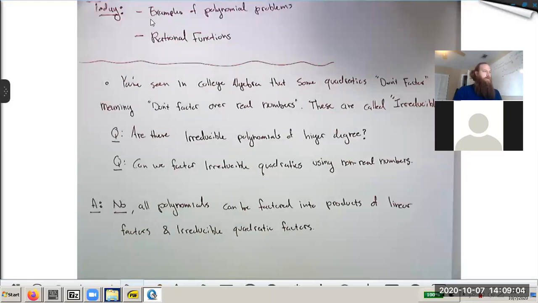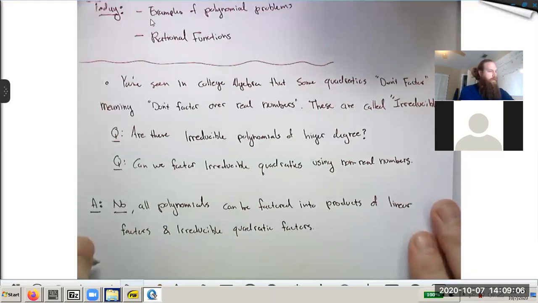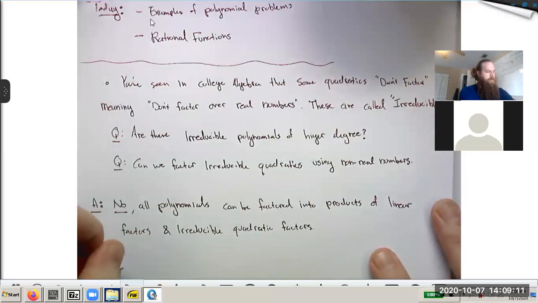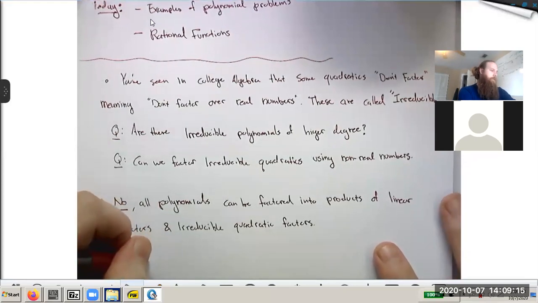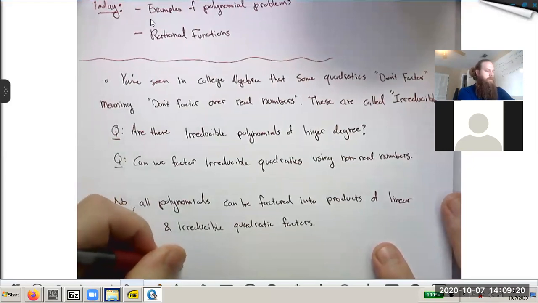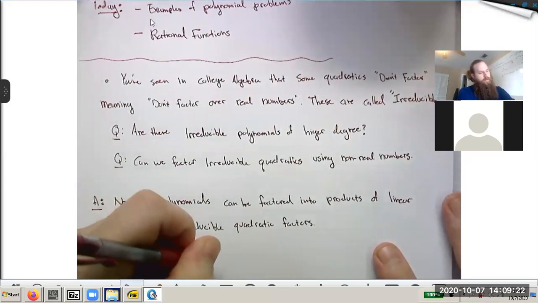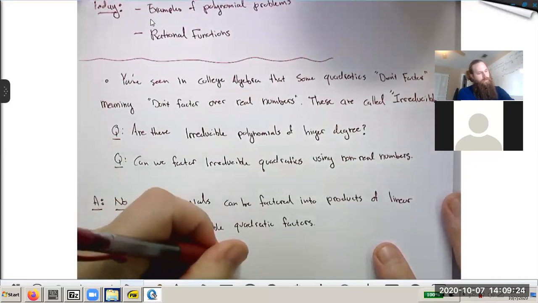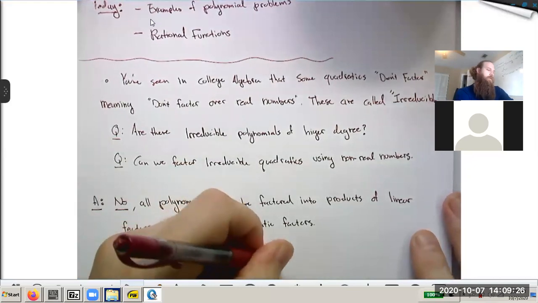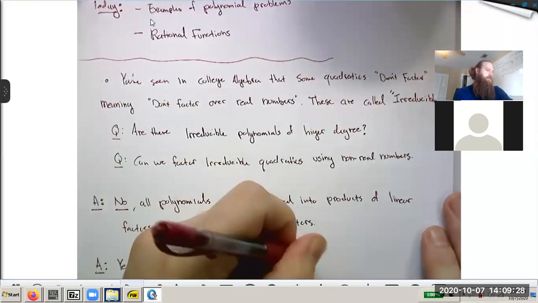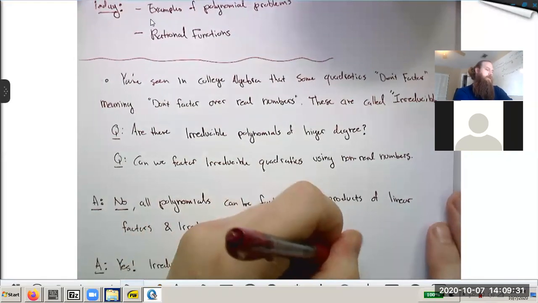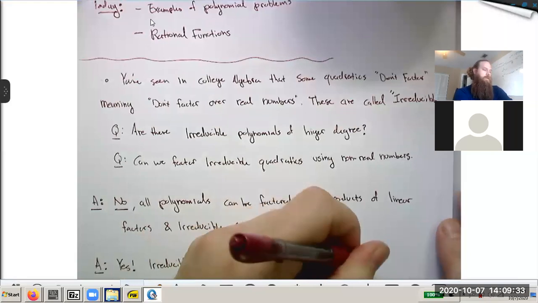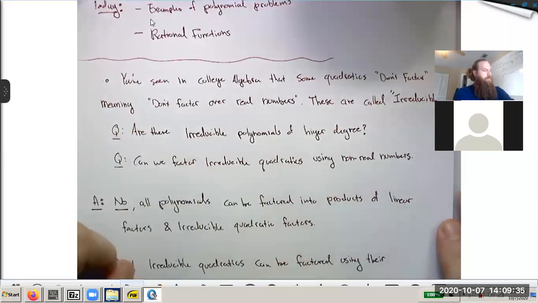The answer to the second question is yes. Even irreducible quadratics can be factored using their complex roots.